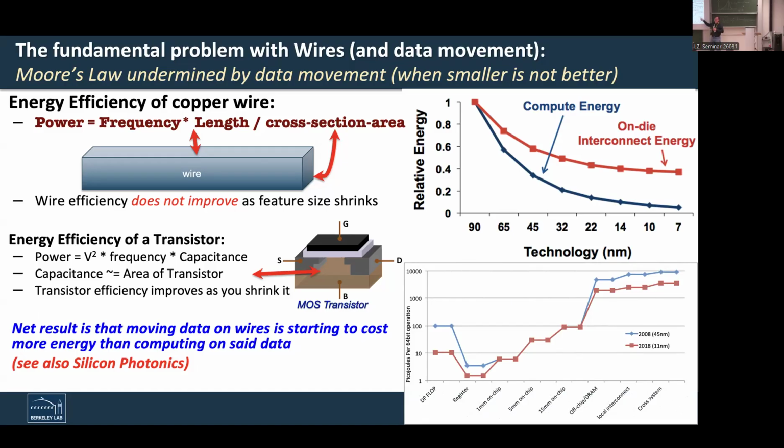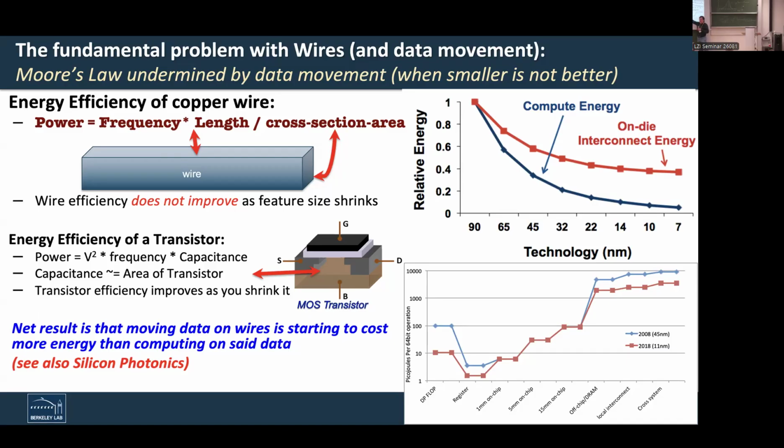But the point of this, going from left to right, is that as you move from the cross system to the off-chip DRAM, and you move closer to the ALUs, it used to be that in our calculation, this blue curve is 45 nanometers, which was contemporary in 2008, we spent a lot more energy on the ALU, and this is an exponential scale, than we spent moving the data around.